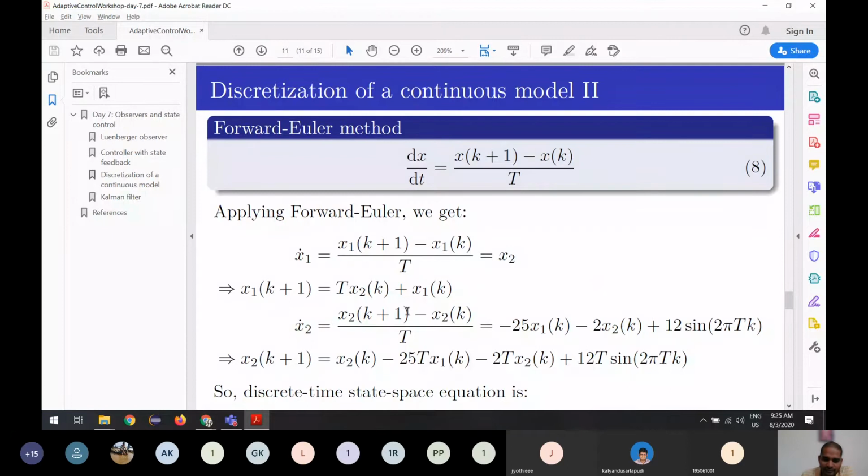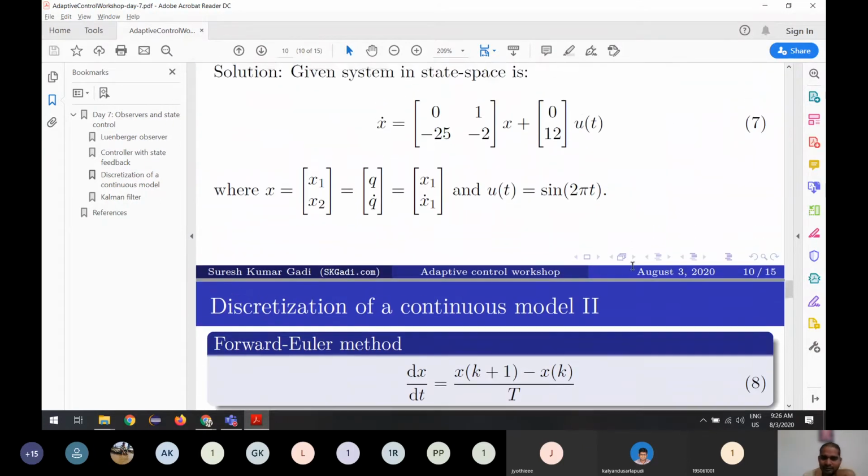So how do we apply it for the second one? x2 dot, right? You want to find what x2 dot is. If you go to the equation, x2 dot is q double dot, which is equal to the last row of this state space, which is minus 25 times x1 minus 2 times x2 plus 12 times sine 2 pi t.